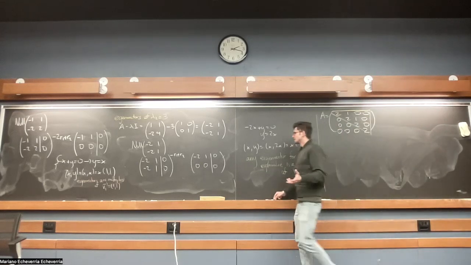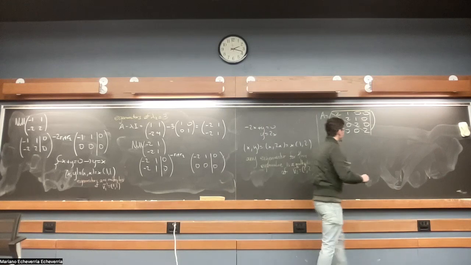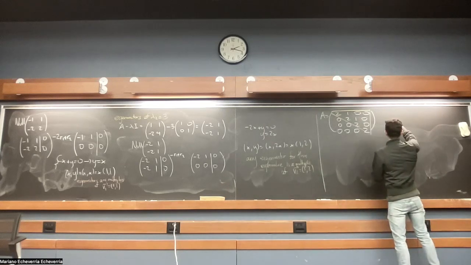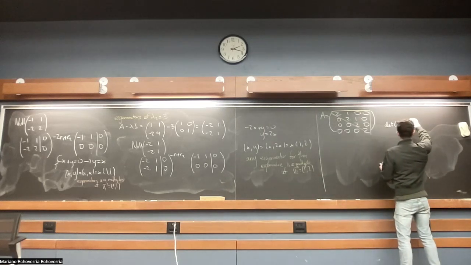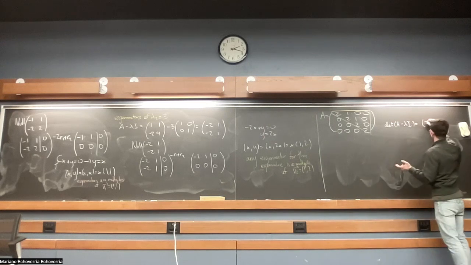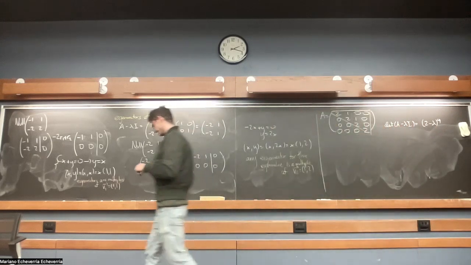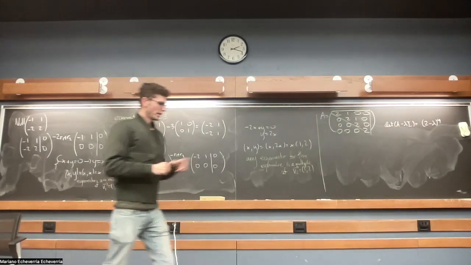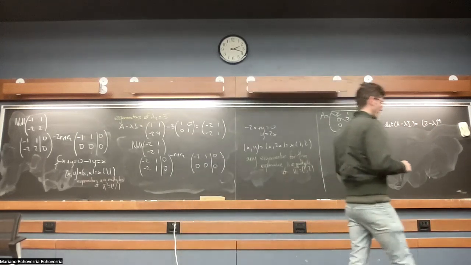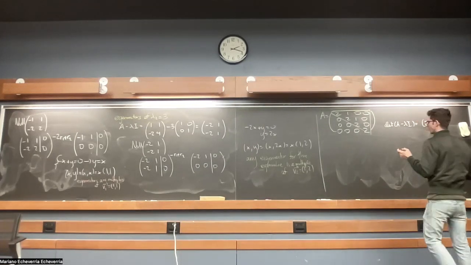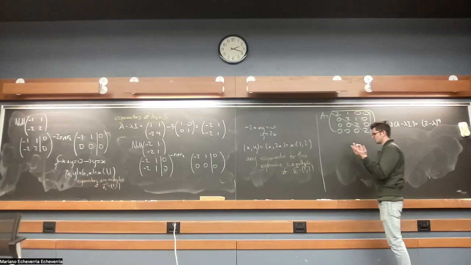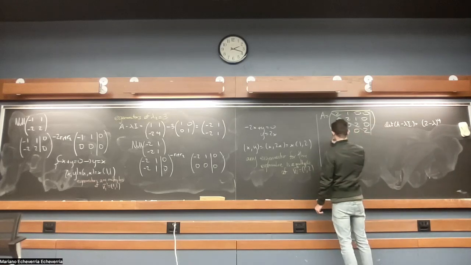In practice, if you had done the determinant of A minus lambda I, what you would have obtained is 2 minus lambda to the 4, because there's a 2 for each entry along the diagonal. Or you can just use the fact that for an upper triangular matrix, the eigenvalues are just the diagonal entries, but it's 2 repeated 4 times.